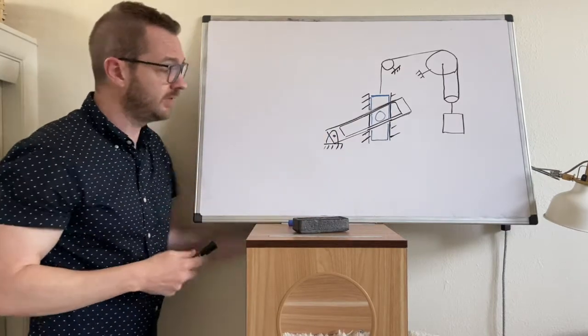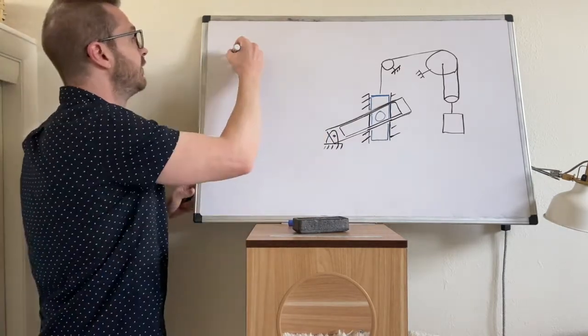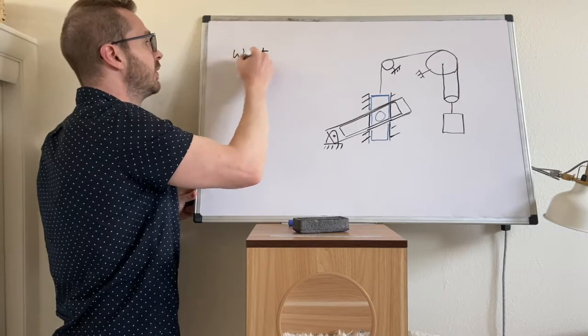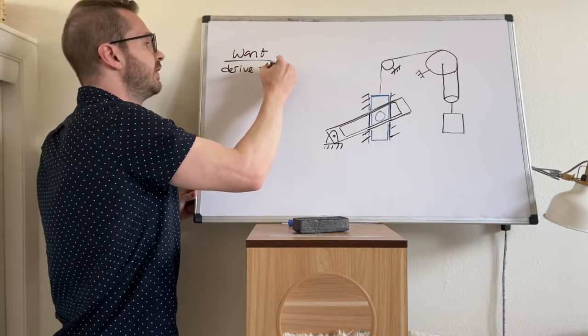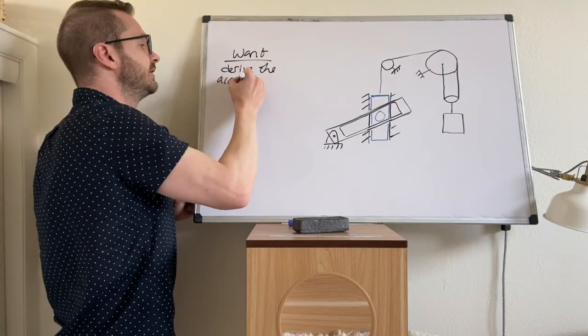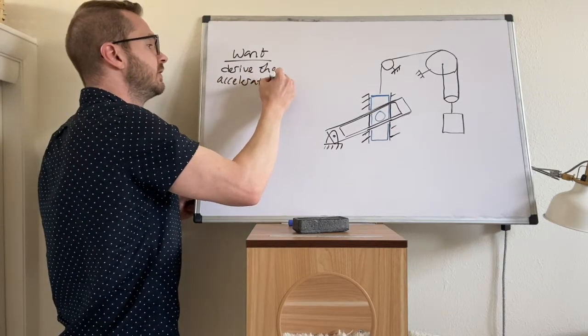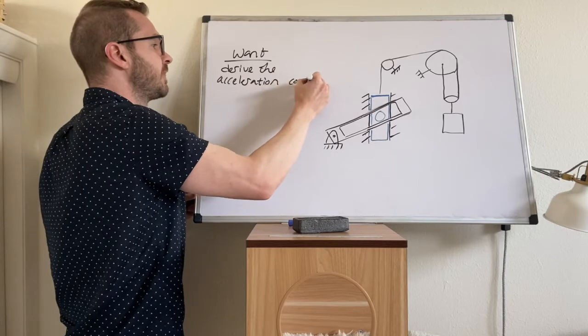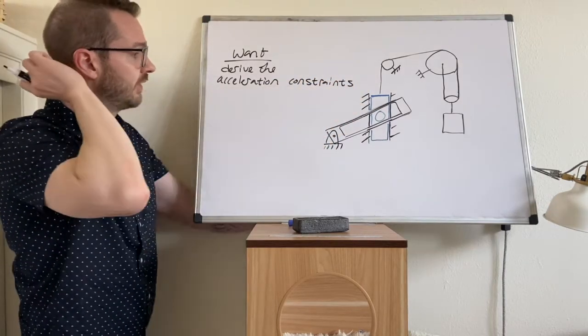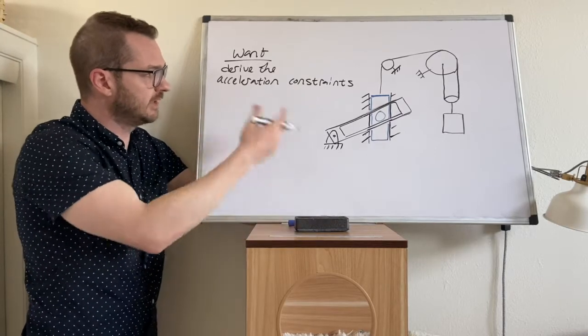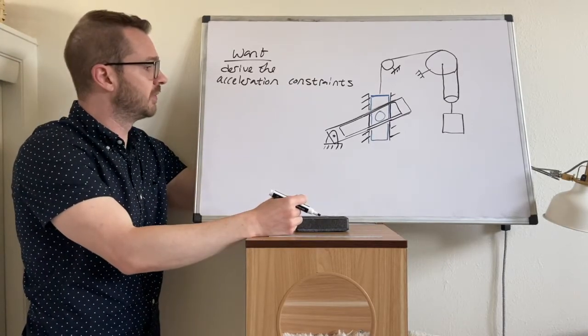So what do we want out of this problem? Let's formalize that. What we want is to derive the acceleration constraints. All right, let's think about the procedure for this problem.